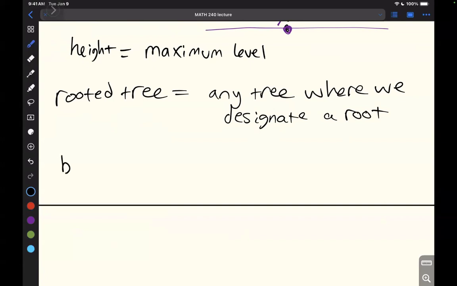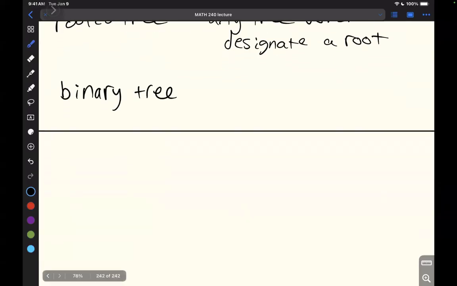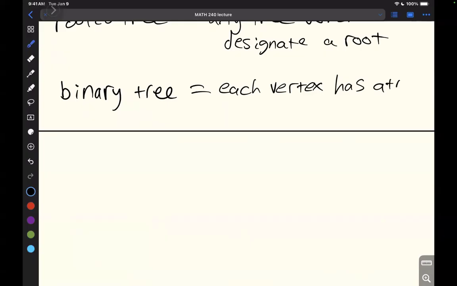All right, there's a notion of a binary tree, which, okay, so binary is 2. And so there's going to be 2 of something, and it ends up being the requirement that each vertex has at most 2 children.